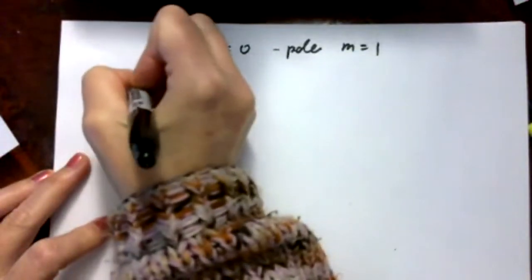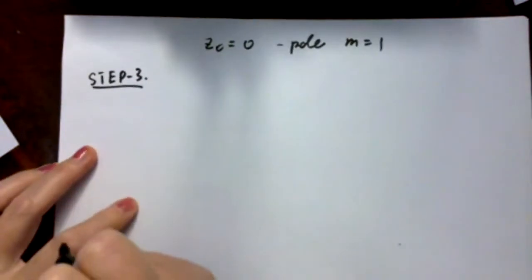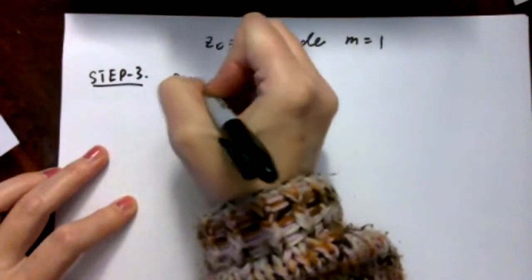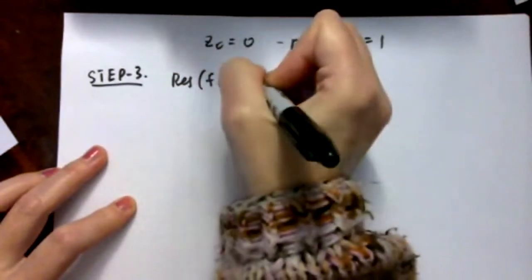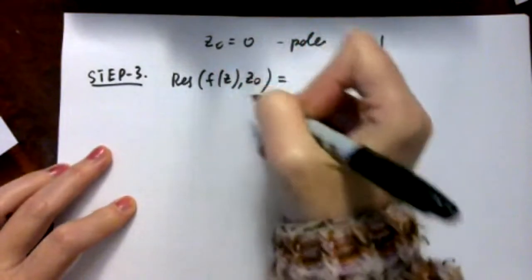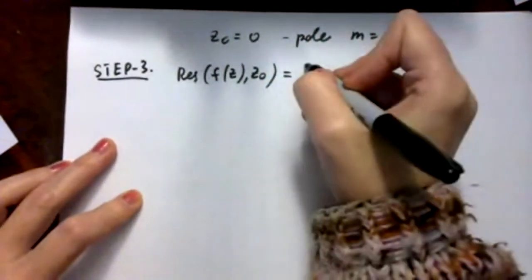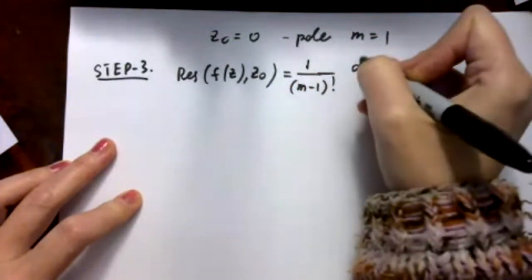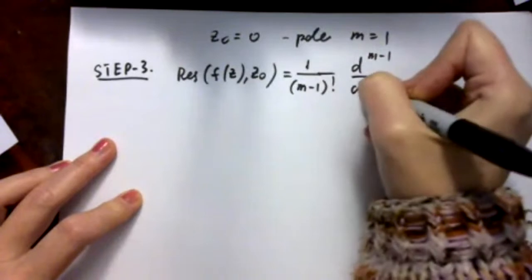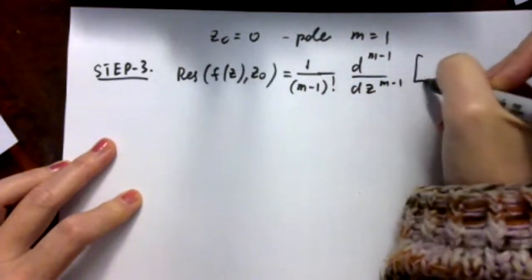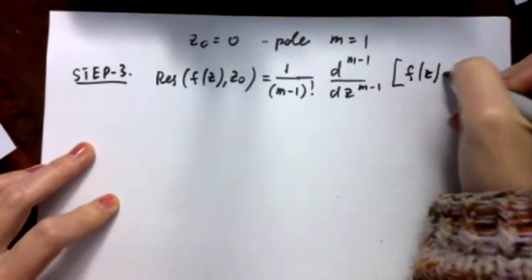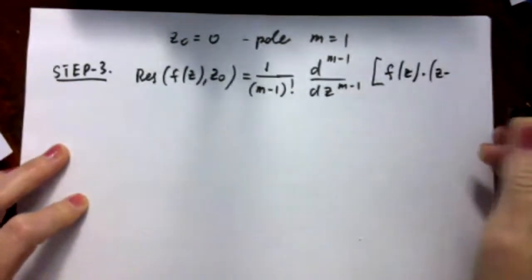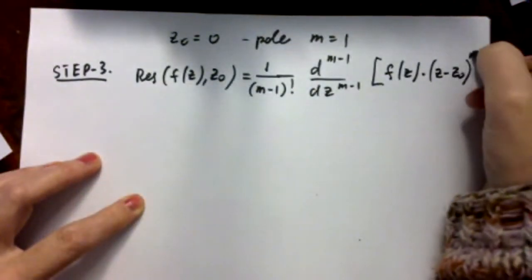And now we are ready to move to the third step, the last step, which is pretty familiar to us. We already had some experience with this formula in the past, but of course I'm going to write it for you once again. So the residue of your function, if z0 is a pole, can be calculated using this formula: d^(m-1)/dz^(m-1) of the expression f of z times (z minus z0) to the power of m.